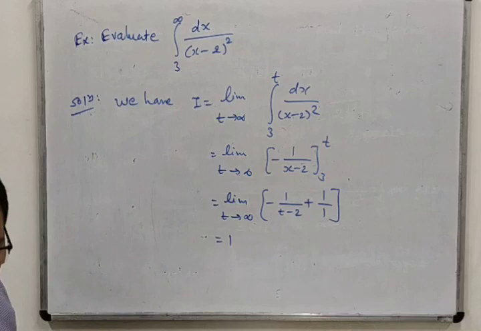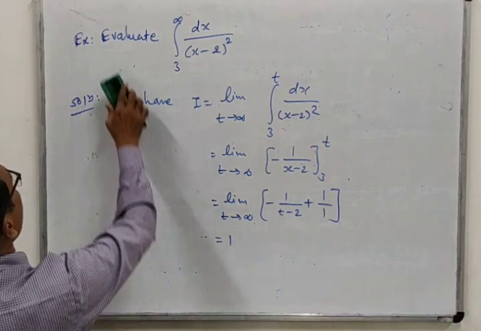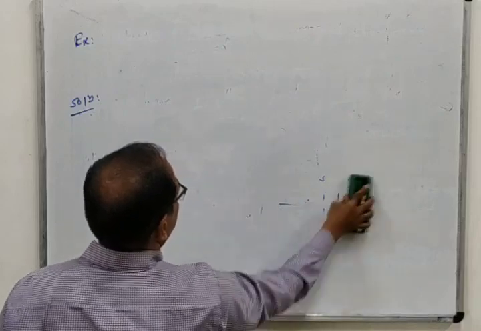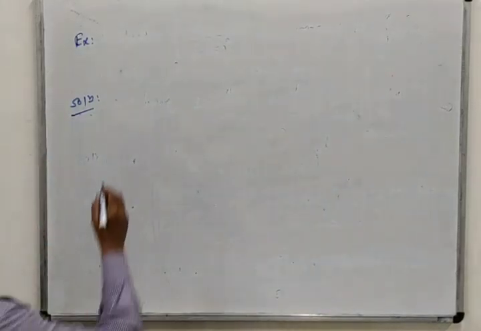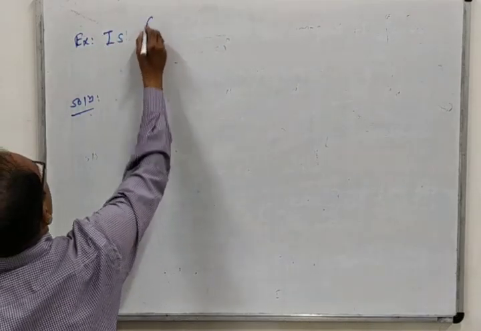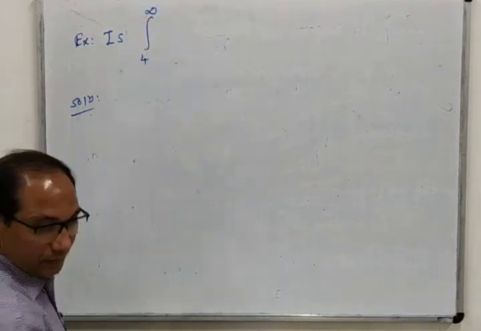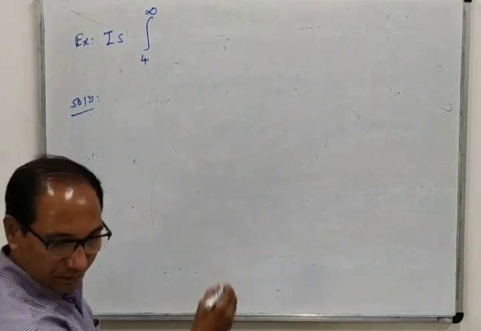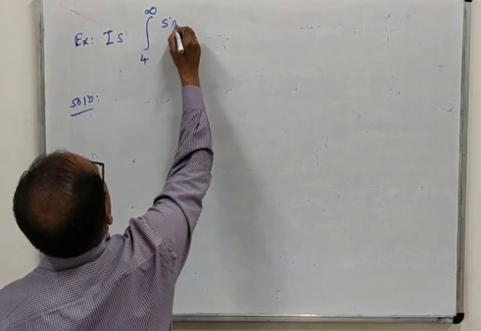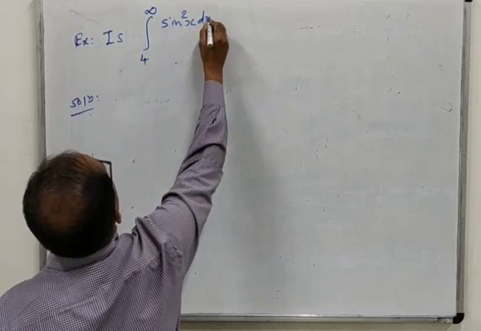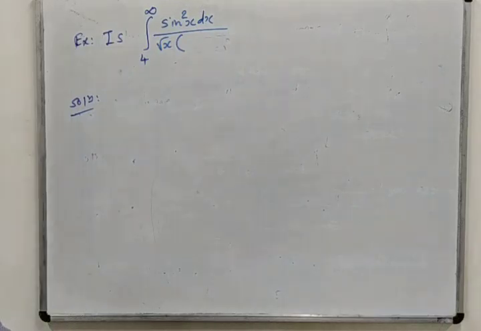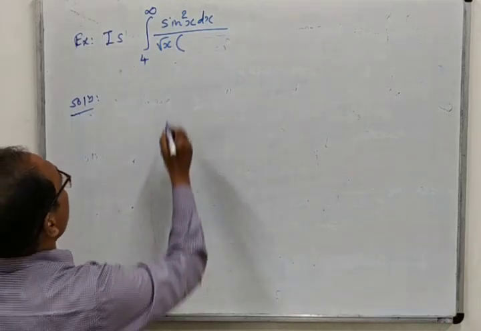Now let us see another example. Another example is integration 4 to infinity, sin square x dx upon root x into (x minus 1).